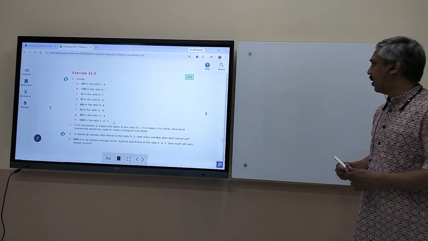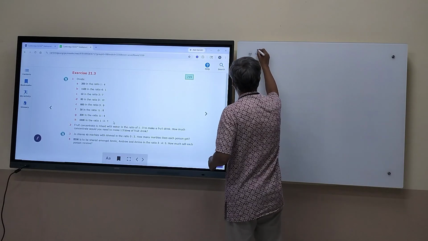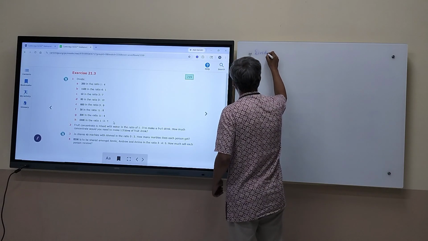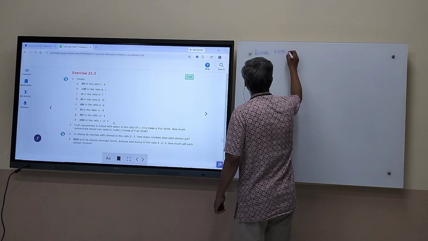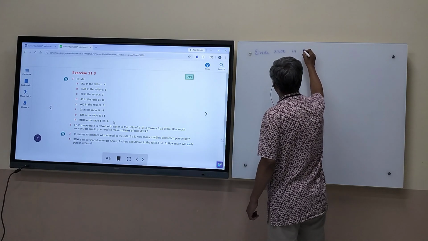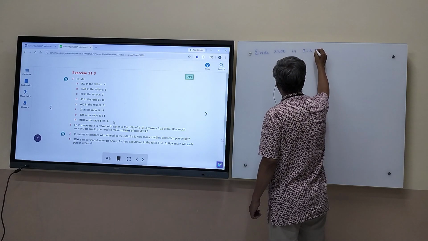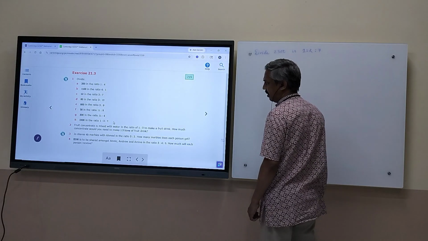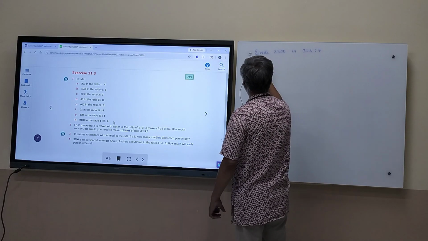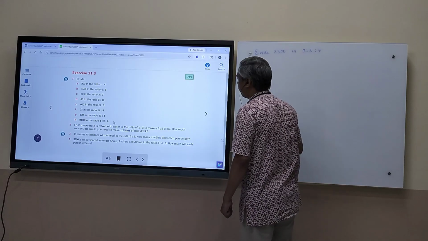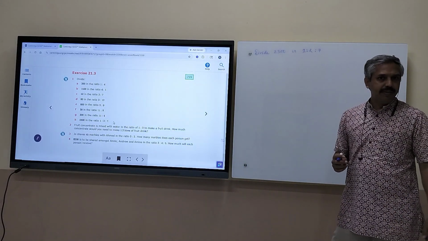So we get 2300 divided in the ratio 1:2:7. We can do it by both the methods.